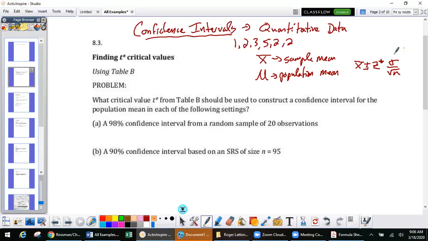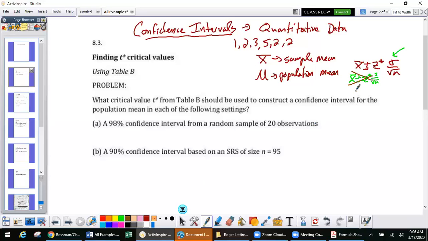So this thing is missing. How far does the data actually spread out from the population? When we lose that value, we replace it with S, the standard deviation of the sample. But as soon as we do that, this formula no longer worked. Our capture rate wasn't very good.